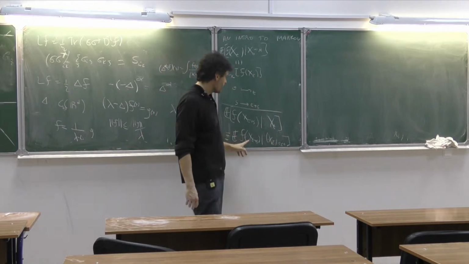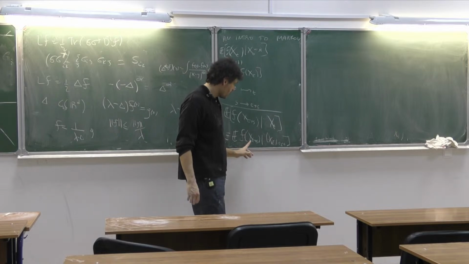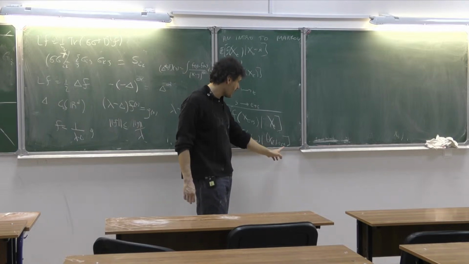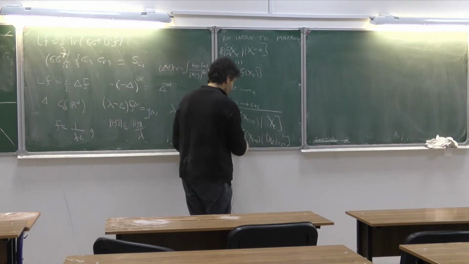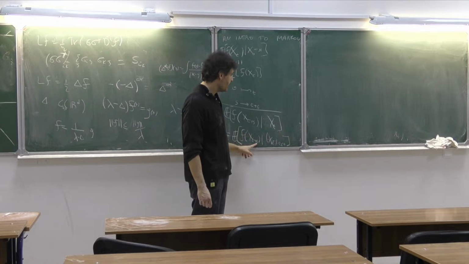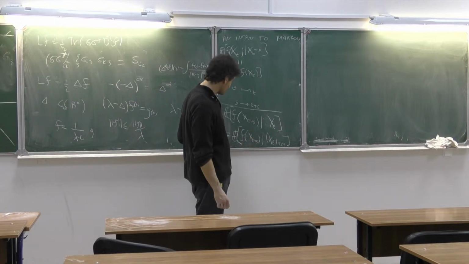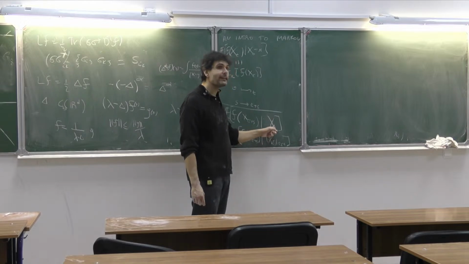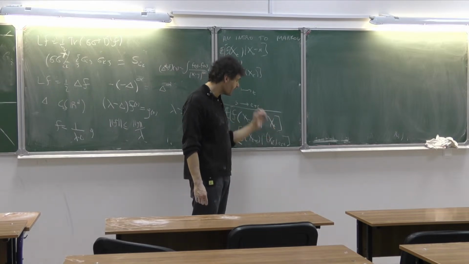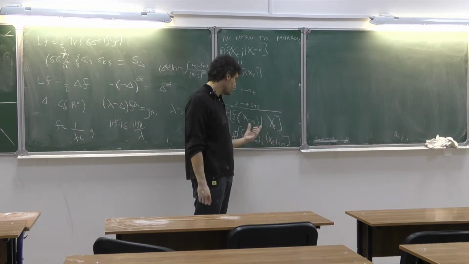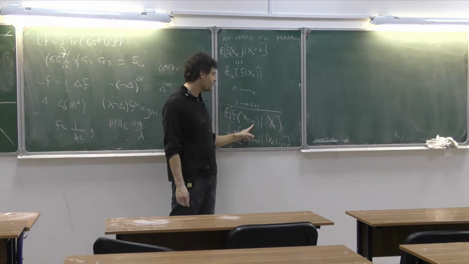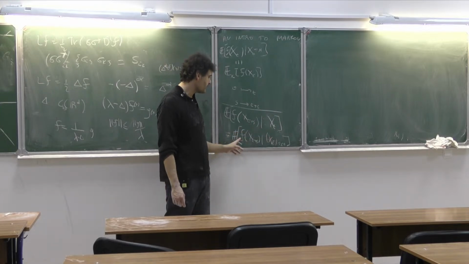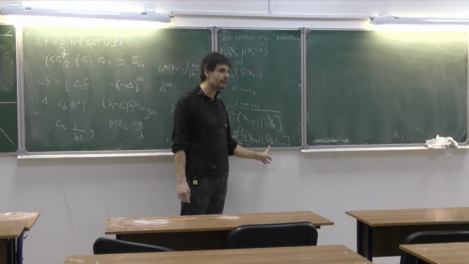If you tell me what happened up to time t, and you want to make a prediction on the distribution of X at time t plus s, being Markov in this context means that if I give you X_t, only the value at time t, not all the history, and you make a prediction on the conditional distribution at time t plus s, it is the same as the conditional distribution at time t plus s knowing all the history up to time t.